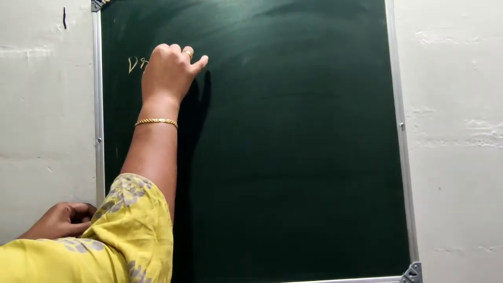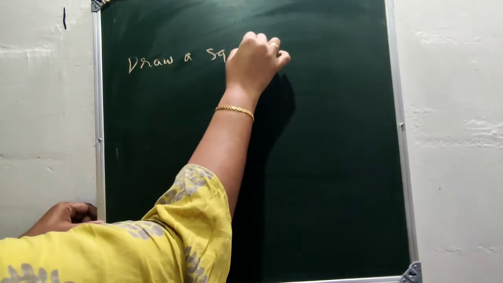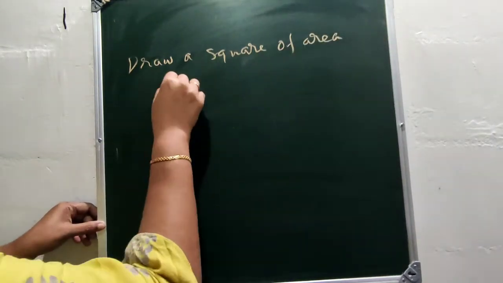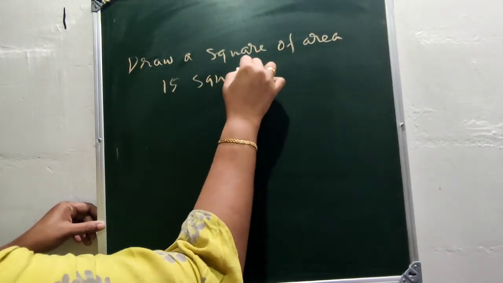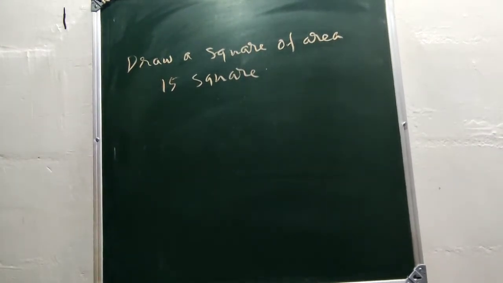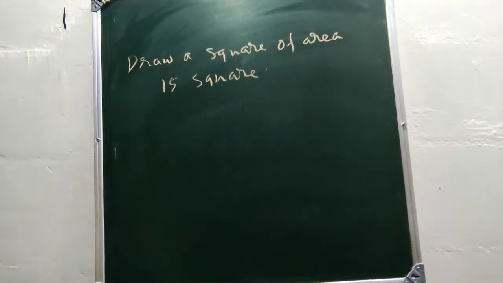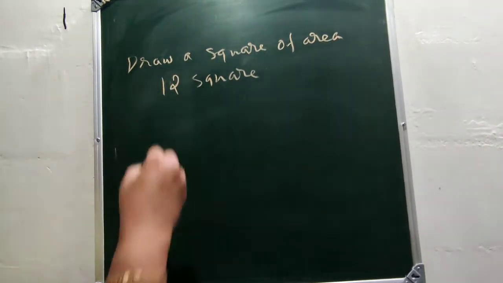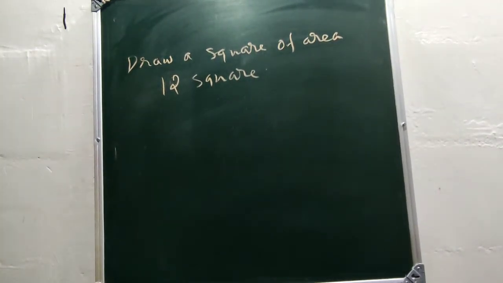So next we have another question: draw a square of area 15 square centimeter. The very same method is used here. If instead of 15 we need to draw a square of area 12 square centimeter, how do we construct it?